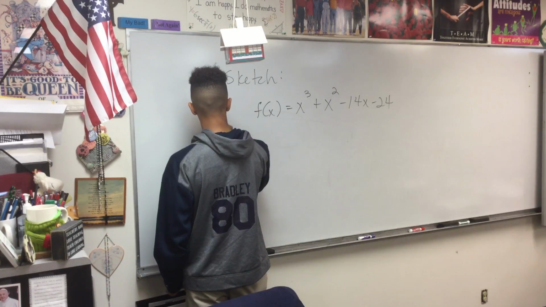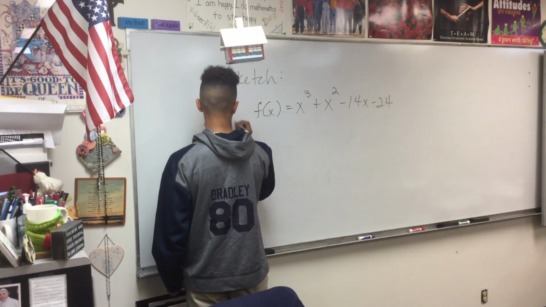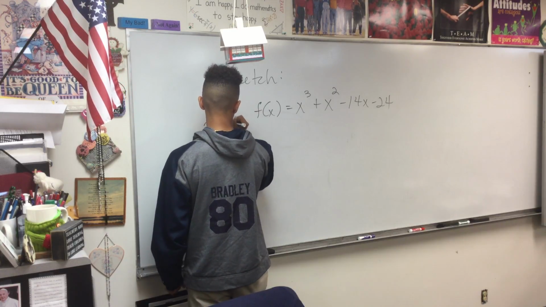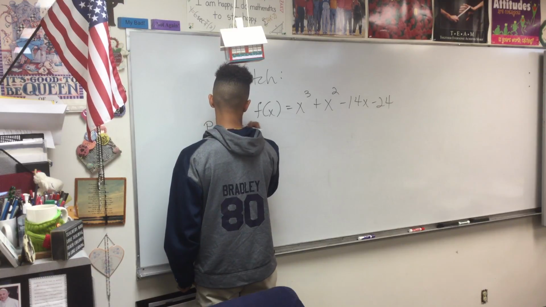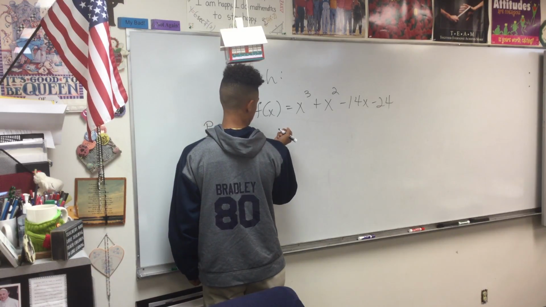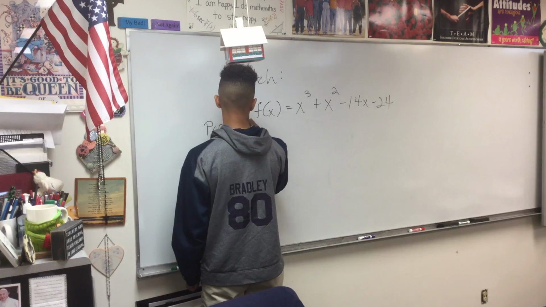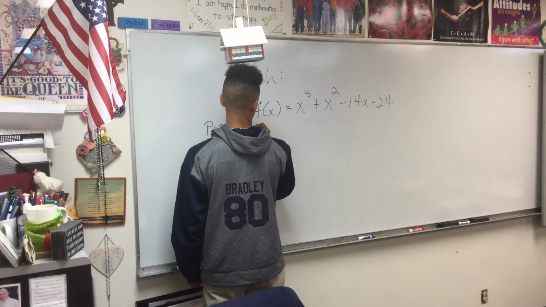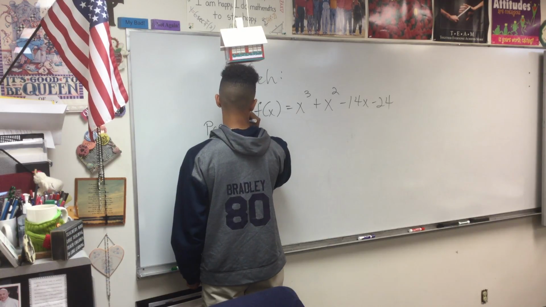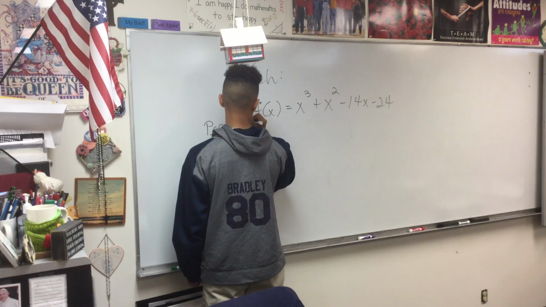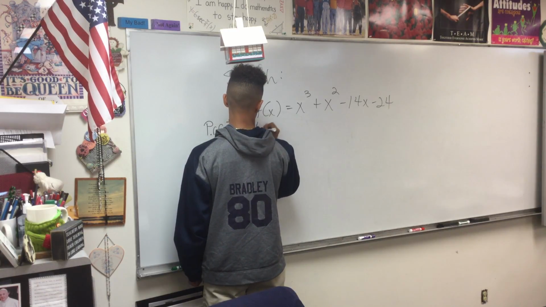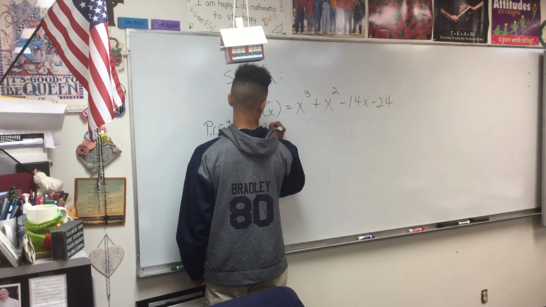He's going to list his PRRs first. Because he's noticed that with numbers like 14 and 24, grouping is not going to be possible. So he's going to have to guess. He's making a list of numbers that he's going to guess from, which are factors of 24 over factors of 1.